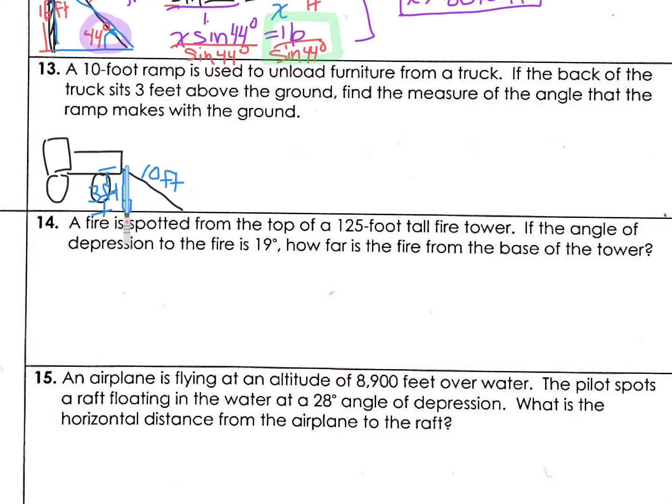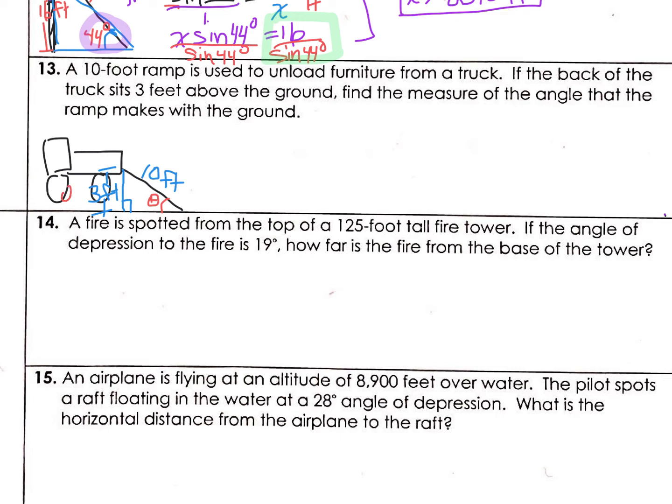Find the measure of the angle that the ramp makes with the ground. Well, here's the ramp and here's the ground. So ground, ramp, ramp, ground. You can see the angle that's being made, and that angle is right here. And we are going to call that theta. So let's label our sides. So according to this theta, this would be side opposite and the hypotenuse.